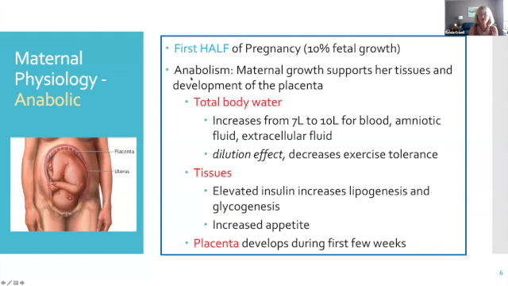Okay, so this is total body water. So her tissues change. Now here's why. In pregnancy, insulin levels go up. If the insulin levels are higher, it's a normal function of pregnancy. Insulin, and I know you remember a little bit about what it does.